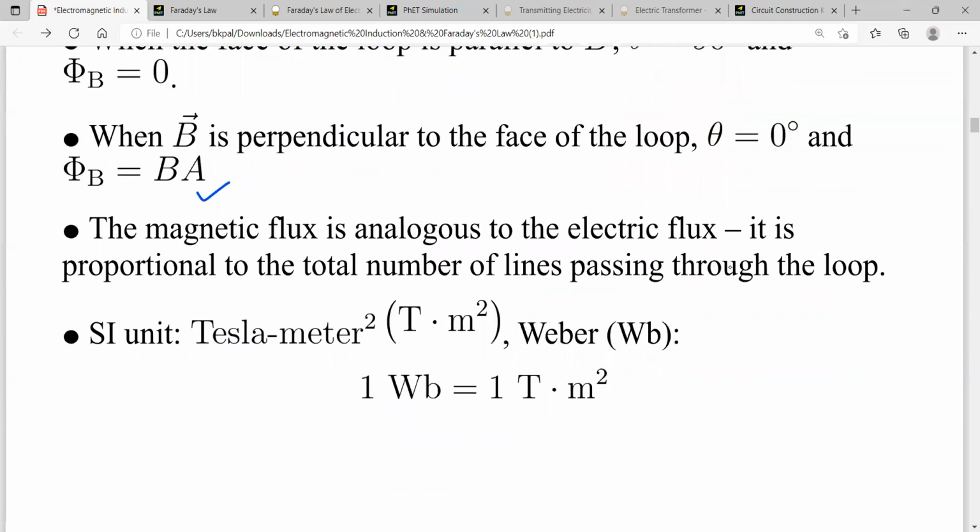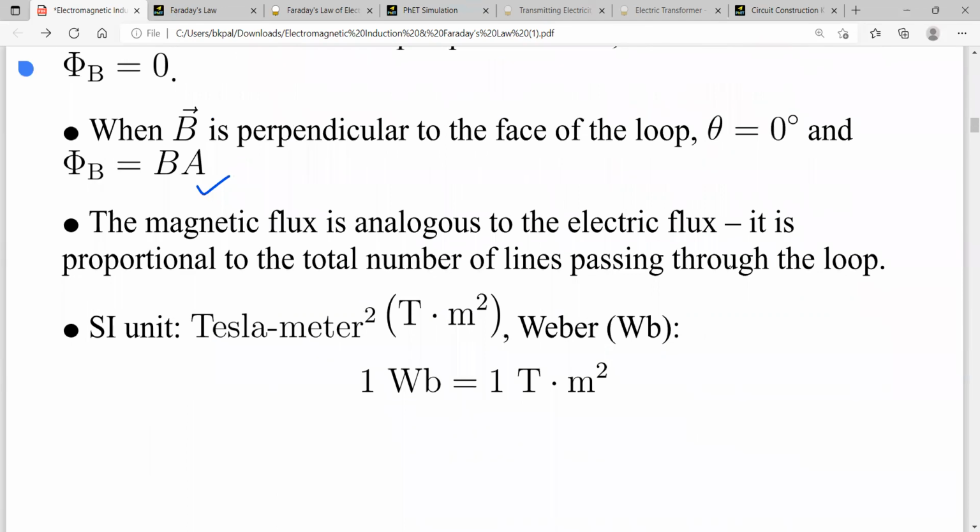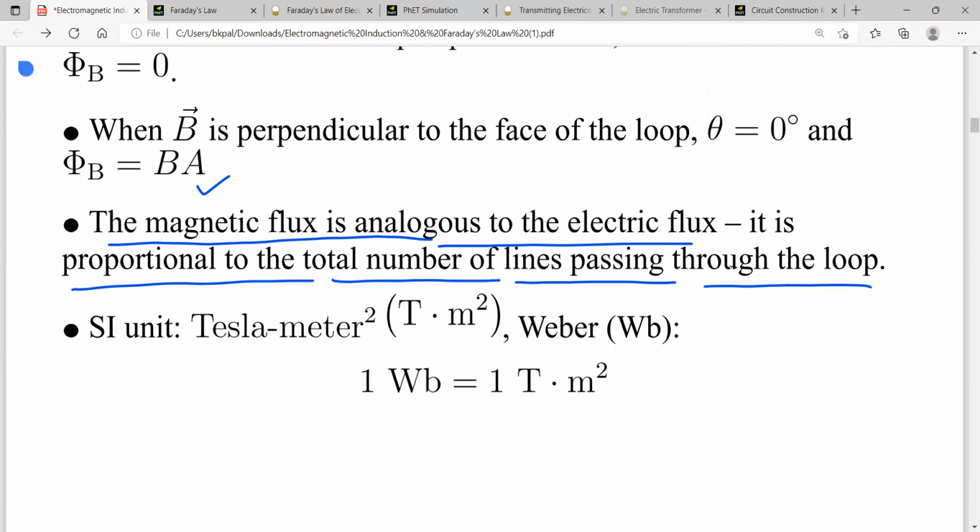All right. So here, the magnetic flux is analogous to the electric flux. Magnetic flux is also proportional to the total number of magnetic field lines passing through the loop that is perpendicular to the magnetic field lines. What is the standard international unit?